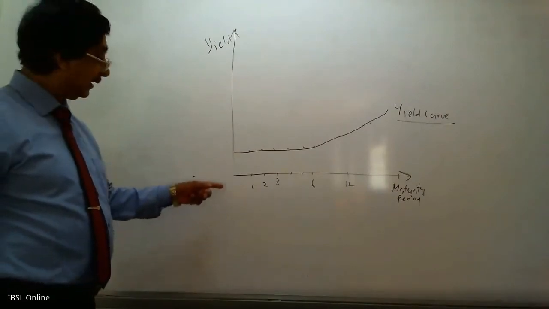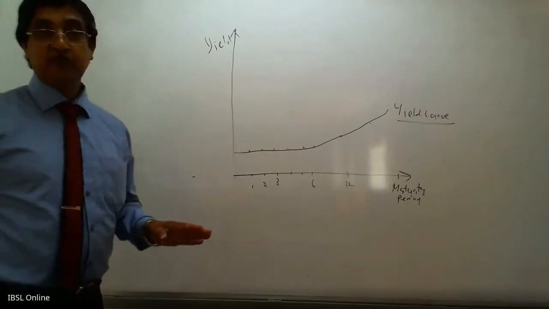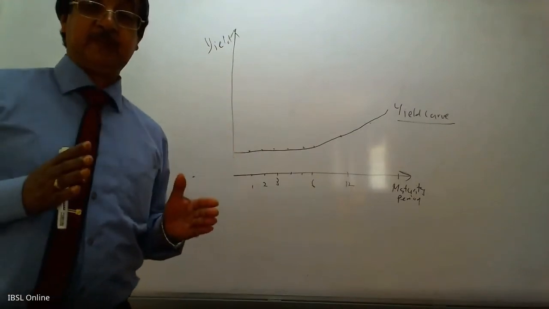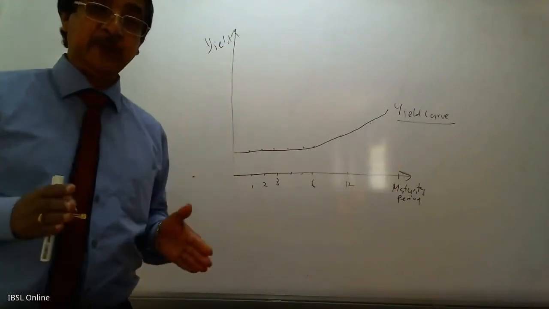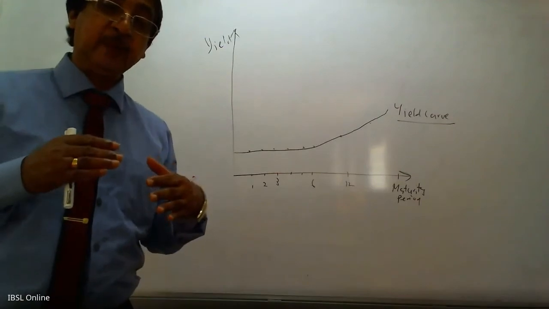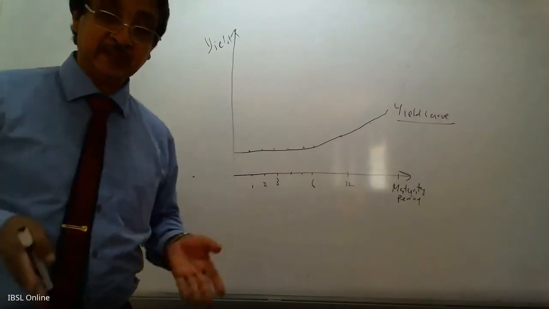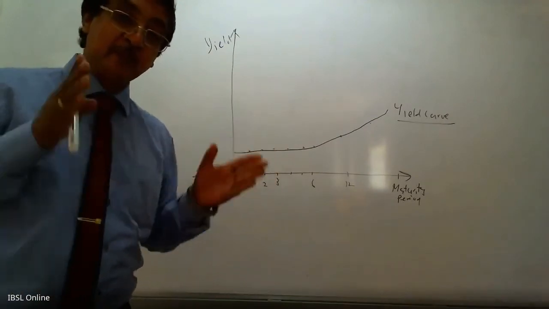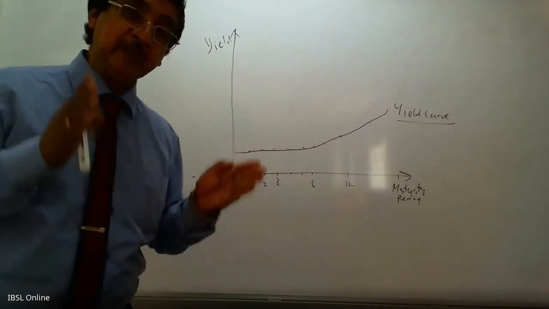But we assume in certain instances, all maturities will be increased by a certain percentage. That is an assumption. So such assumption is called parallel yield curve shift.